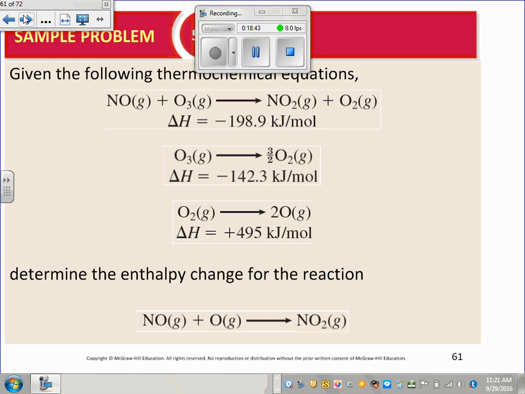What is the second thing in here? Oxygen atom. Do I have an oxygen atom? Here, right? The bottom equation has an oxygen atom. But it's on the right. I want it on the left. How can I get it on the left?